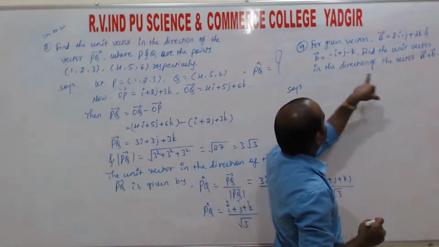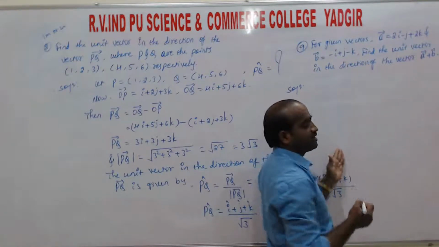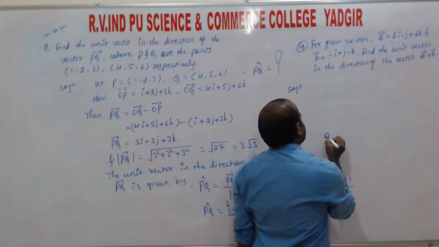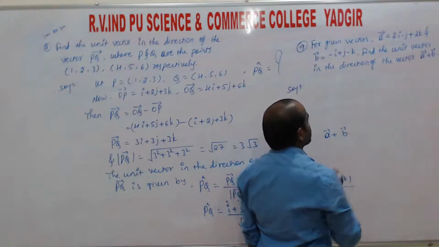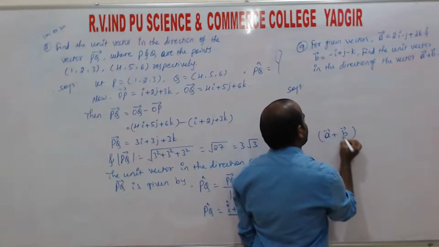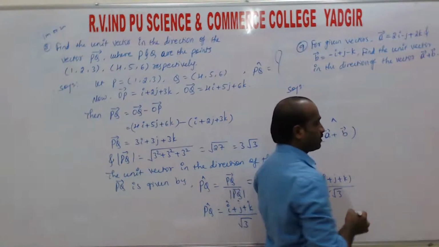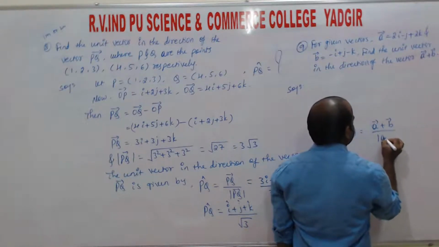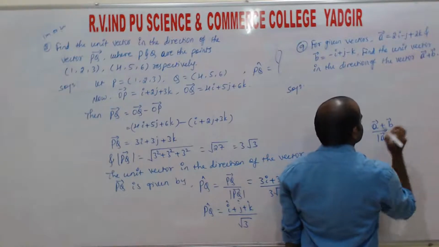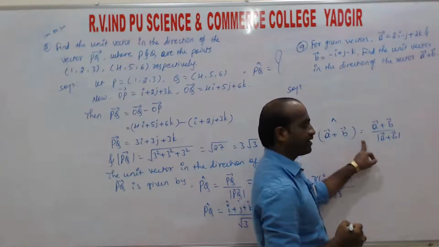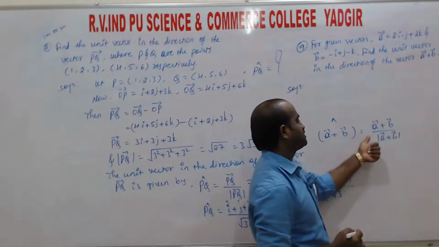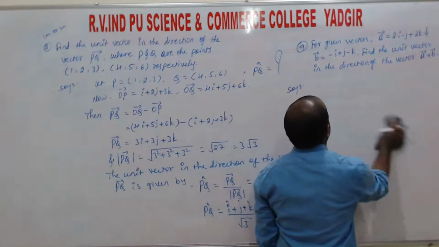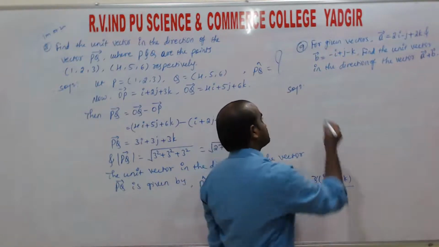The unit vector in the direction of the vector A plus B is given by A plus B whole cap equal to A plus B divided by magnitude of A plus B. Or you can mention A plus B is equal to C vector, and C cap is C divided by magnitude of C.